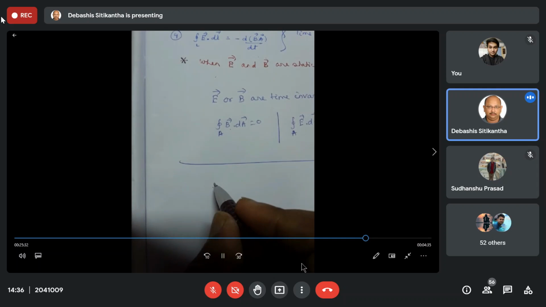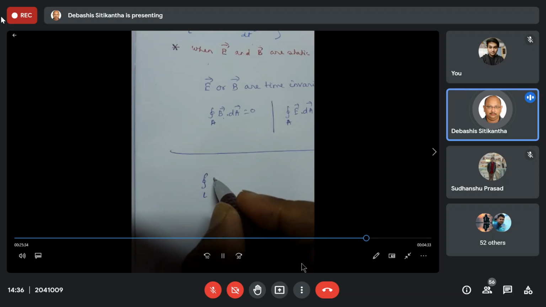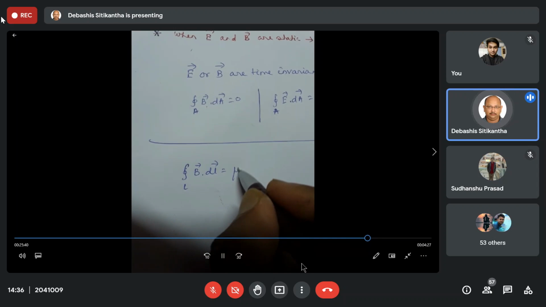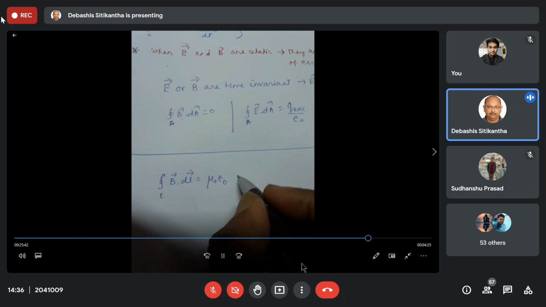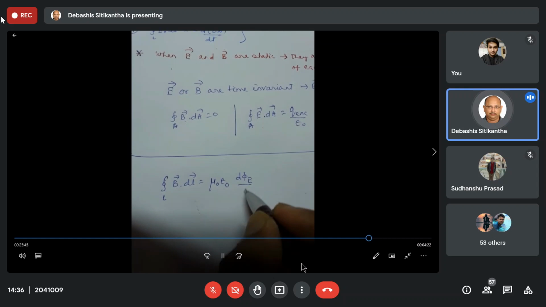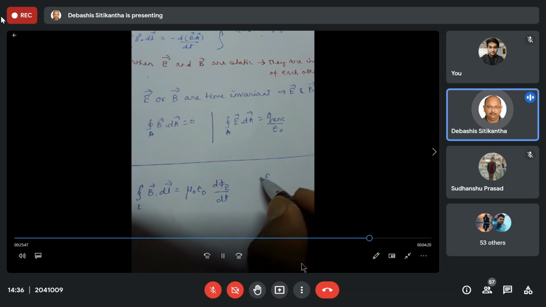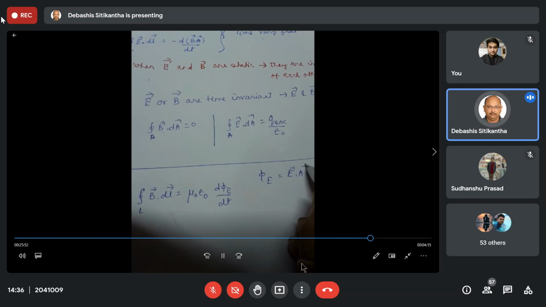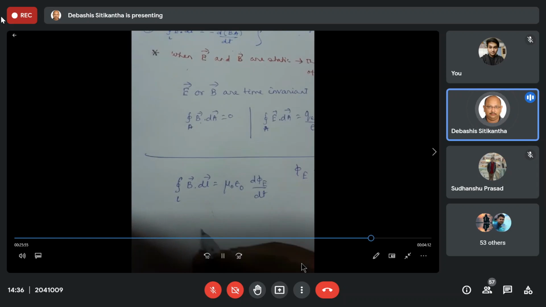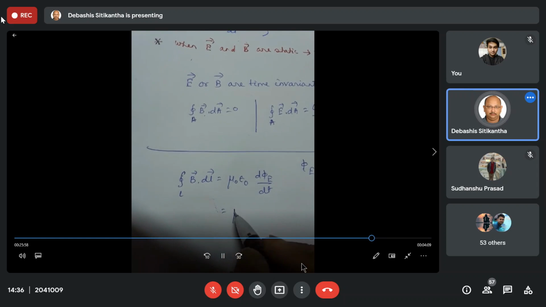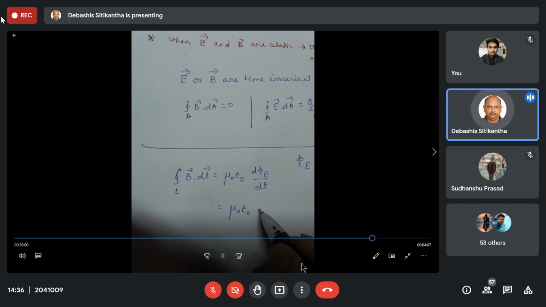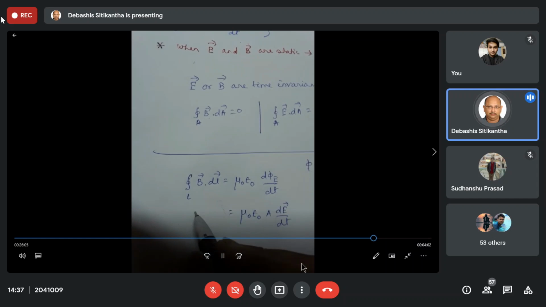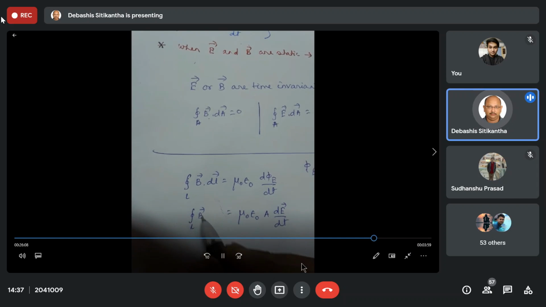So, as I told you, from Maxwell's third equation, that is, closed line integral of B vector dot dl vector is equal to mu naught epsilon naught d phi e by dt, and as you know, phi e is equal to E vector dot A vector. Now this equation can be written as mu naught epsilon naught A, let us take this A out, dE vector by dt, and this is the closed line integral of B vector dot dl vector.